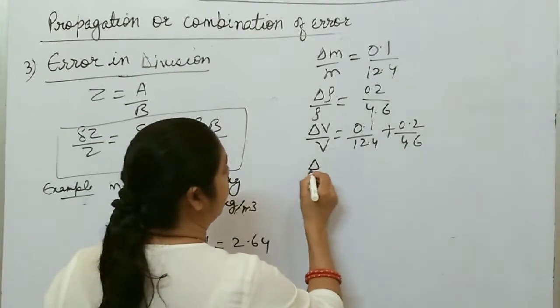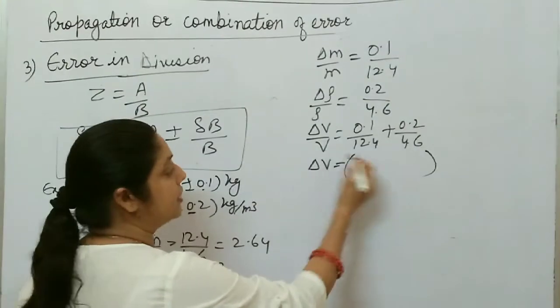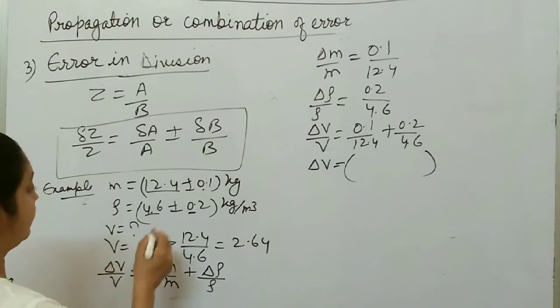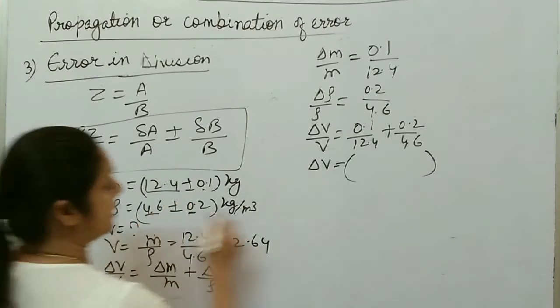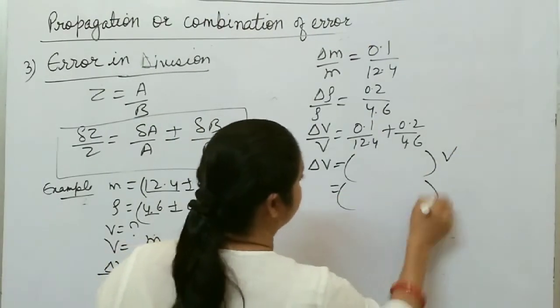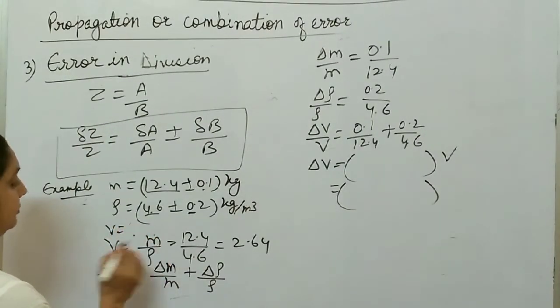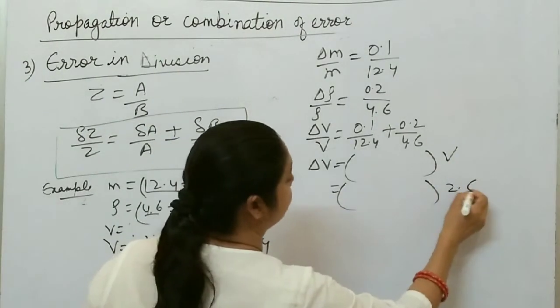Now in this way you calculate delta V. Delta V is whatever you get as the sum of these two, times V, and V is the original volume, 12.4 by 4.6. When you solve these two, V is this value, 2.64.